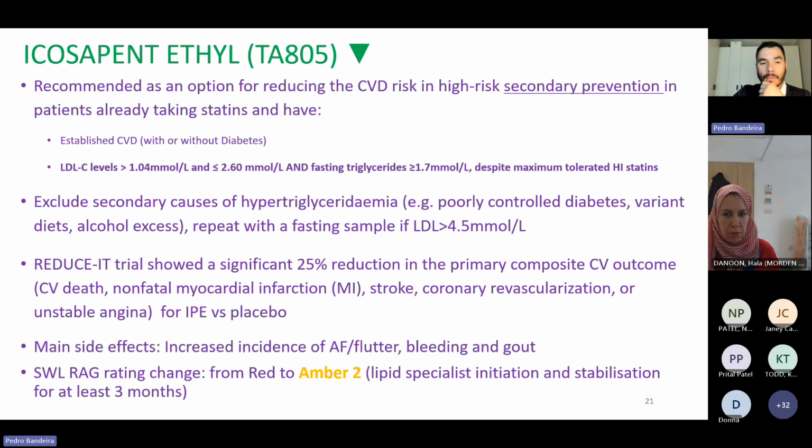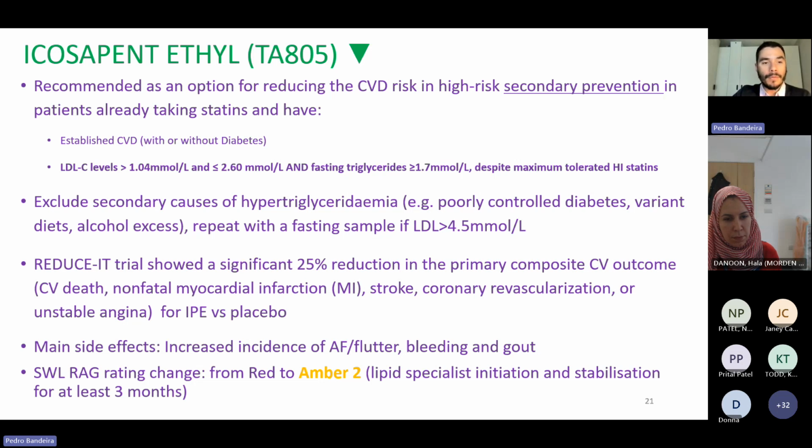Often the most common causes of high triglycerides are diabetes and alcohol excess, and by addressing those factors, we can normally address the triglycerides. However, for specific patients who are already very well optimized and triglyceride is still above 1.7, it can be started through the lipid clinic as well.